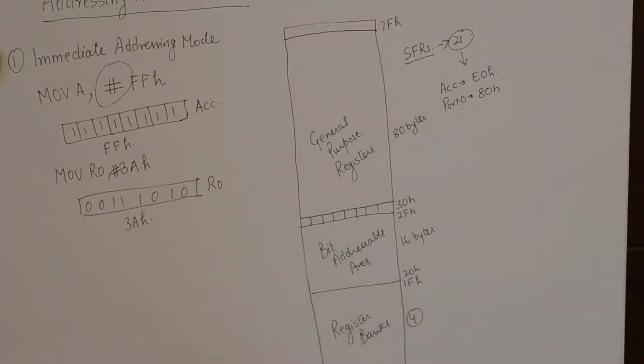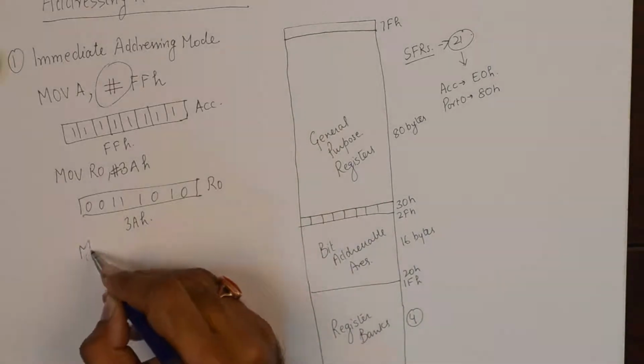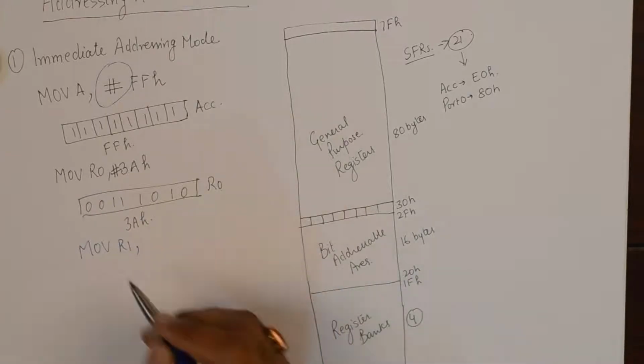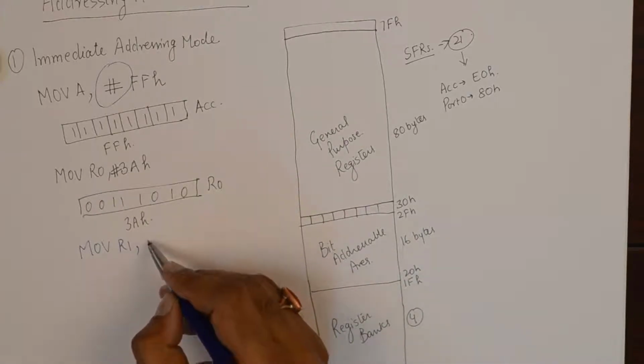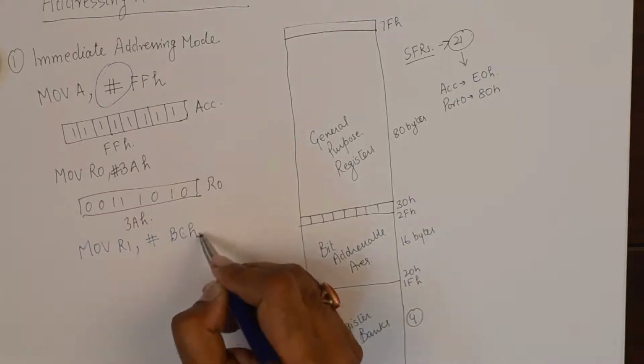Now there is a very, very important thing that we need to take care of while moving immediate data: whenever the number that we want to move begins with an alphabet, for example in this case F, or let us say we want to move into R1 register some number which is starting with an alphabet, for example BCH.